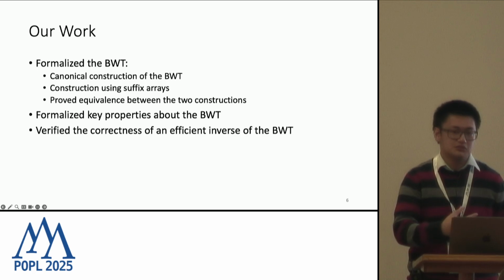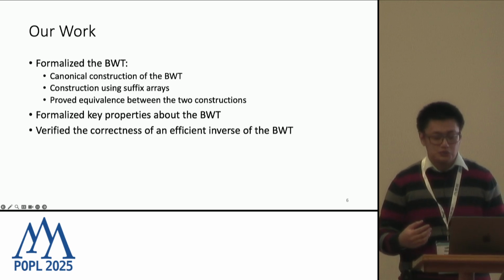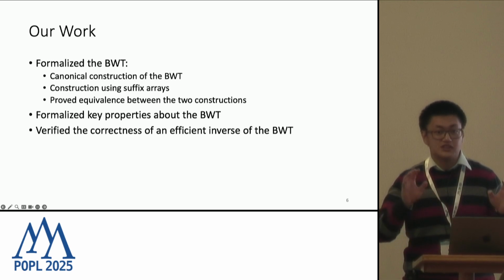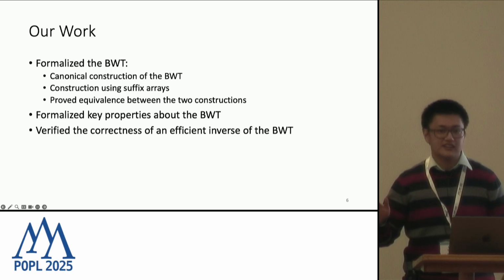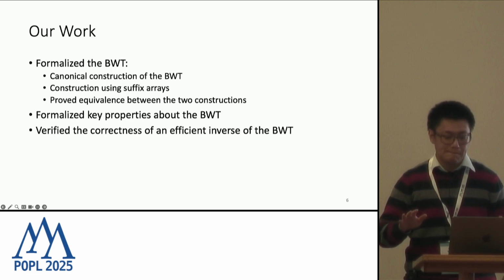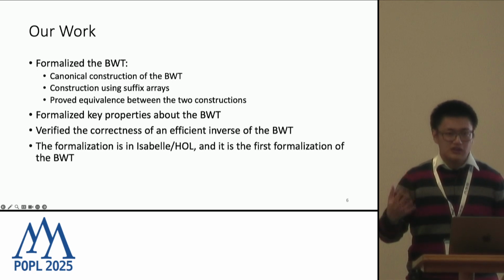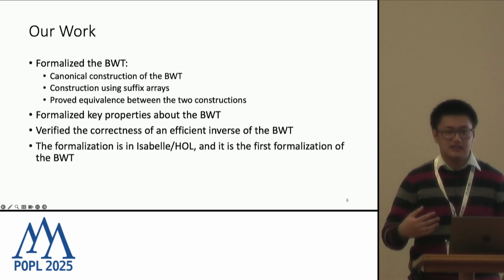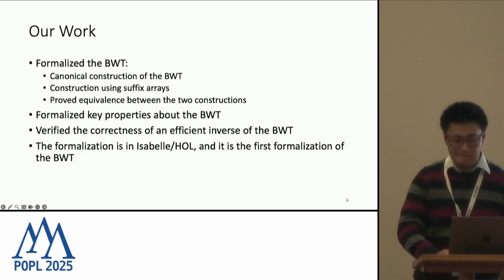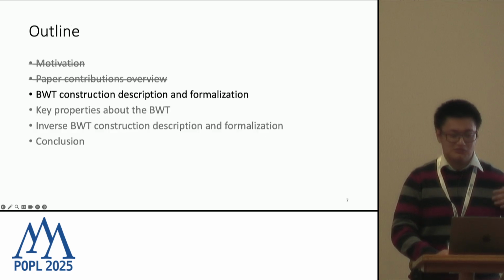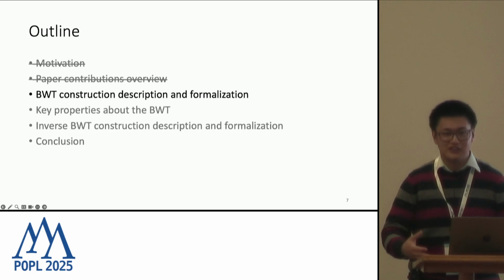In this case, we verify a linear time inverse, which does use some pre-computed data structures, but they themselves can also be computed in linear time, so not affecting the time complexity at all. All of this is formalized in Isabelle, and as far as we are aware, it is the first formalization in a theorem prover.